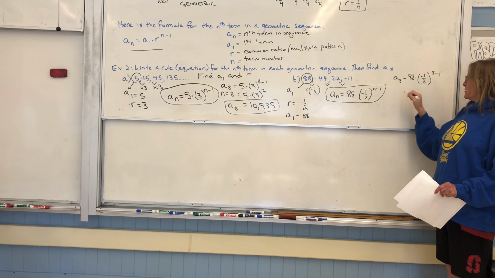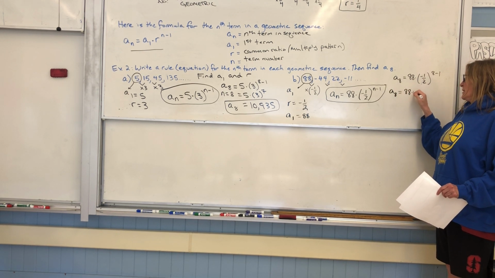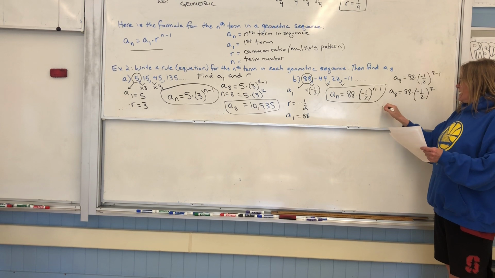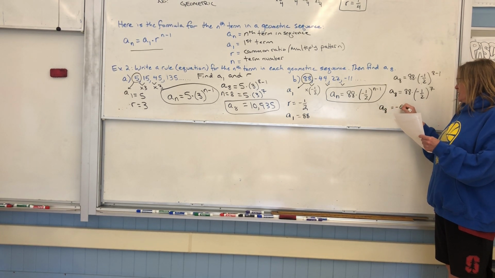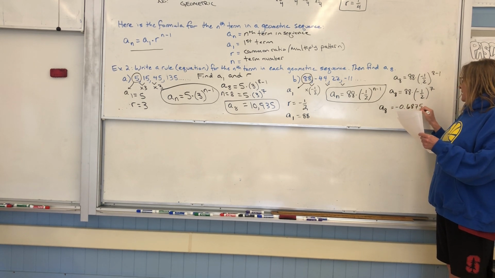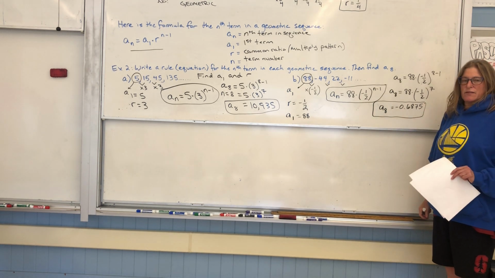Here a calculator is going to be very important. We wouldn't want to have to do this in our head. So if I punch that in, I get A8 equals negative 0.6875. That's my 8th term, which makes sense, right? It's getting smaller when I multiply it by negative 1/2.